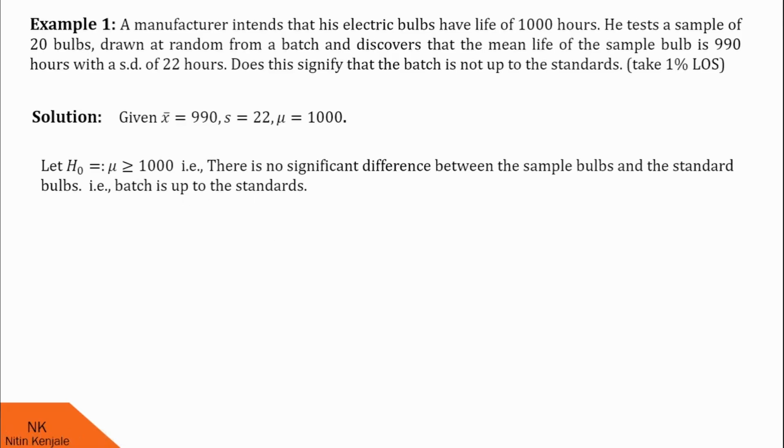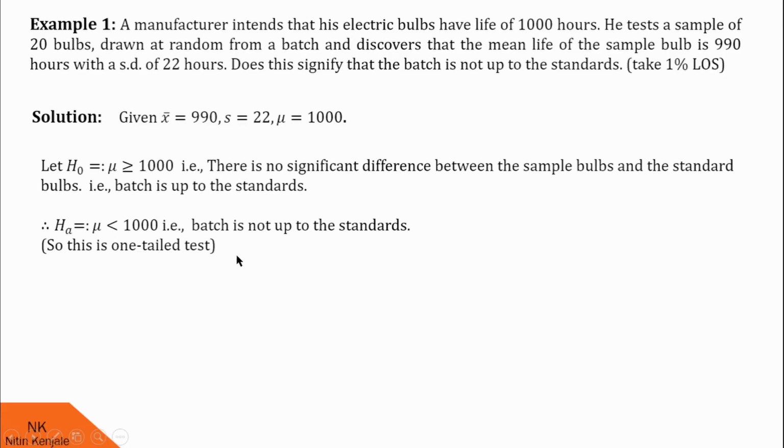Now let us define the alternative hypothesis HA. Of course, the alternative hypothesis will be mu less than 1000. That is, the batch is not up to the standards. By looking at HA, we can clearly say that this is a one-tailed test because this is one directional. Now let us proceed to calculate the test statistic using this formula.